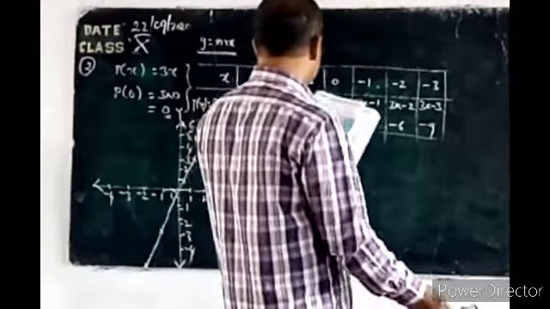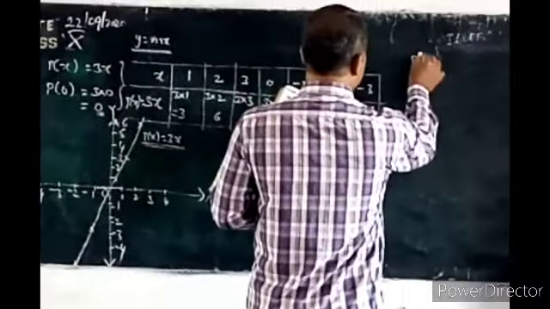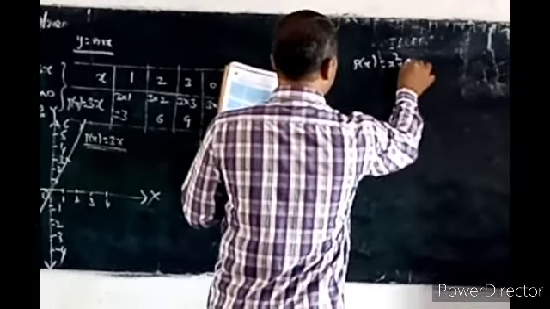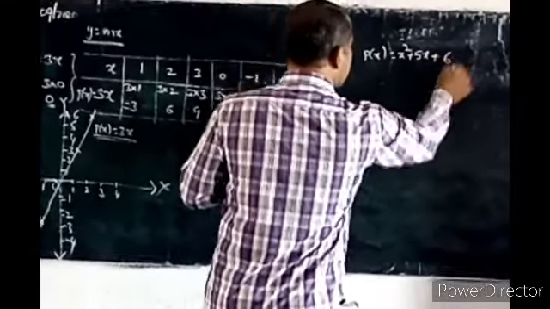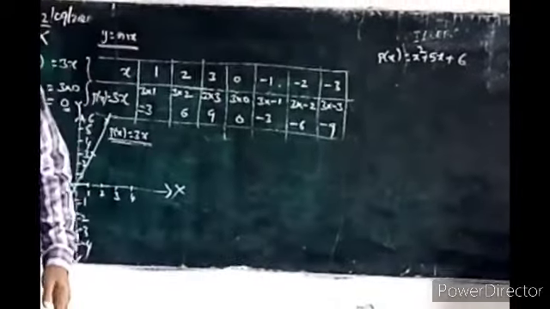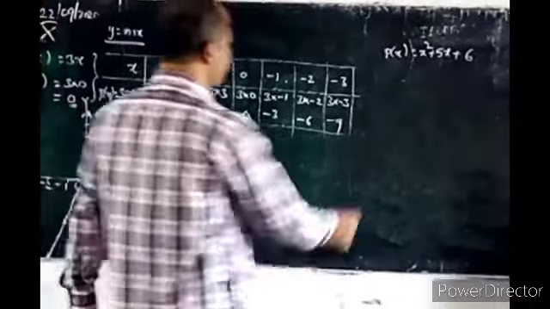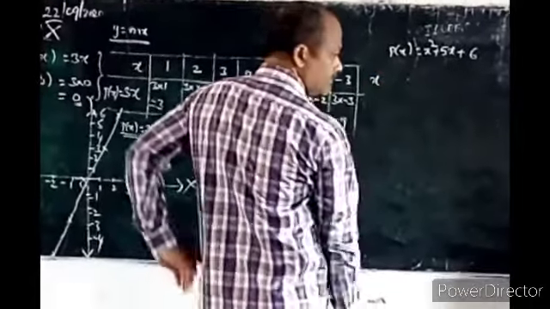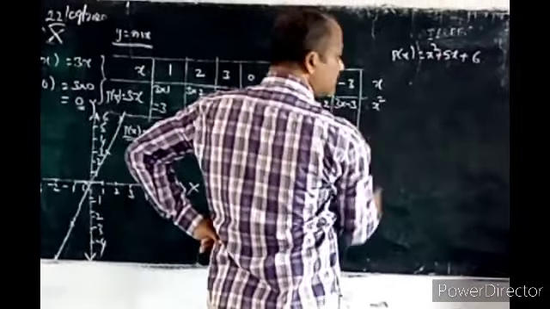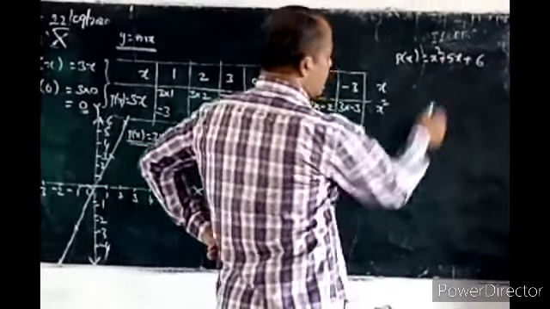Next one is what? P of x is x square plus 5x plus 6. In the same manner, we have to prepare the table to draw the graph. Okay? Now the x value. Next, the x square value. Next is 5x.